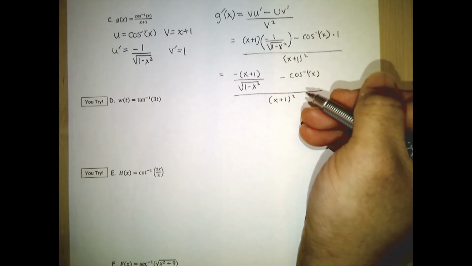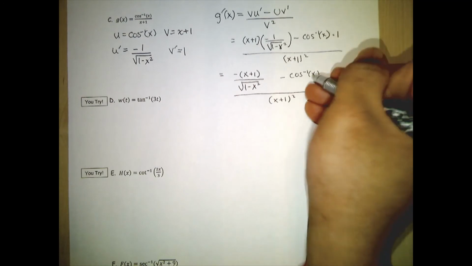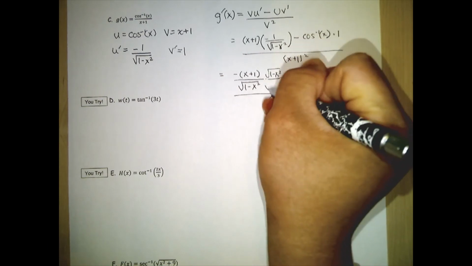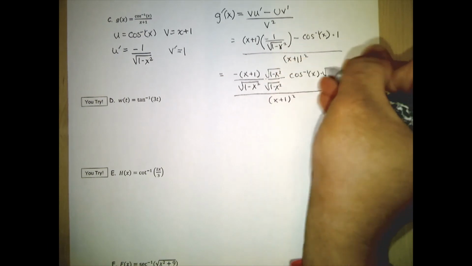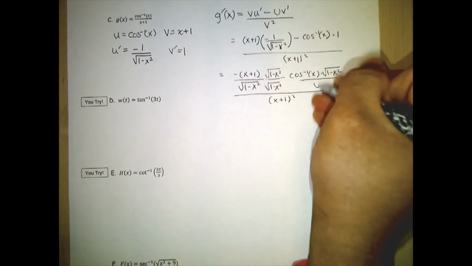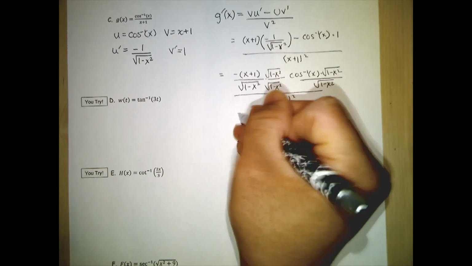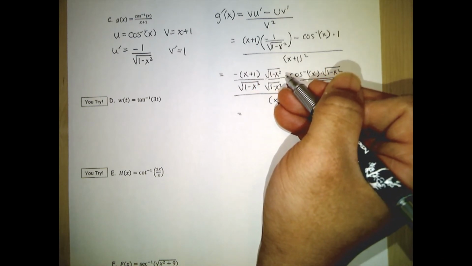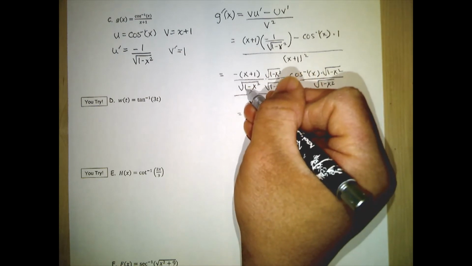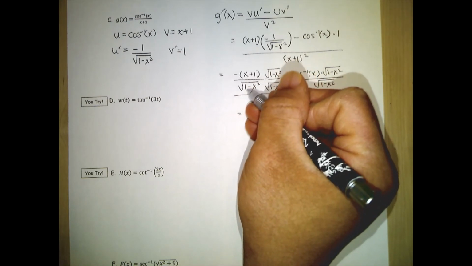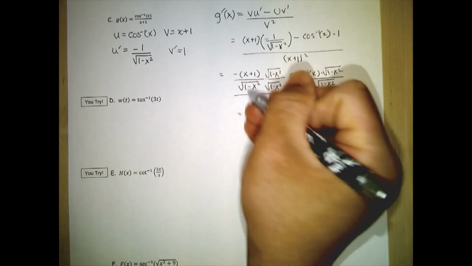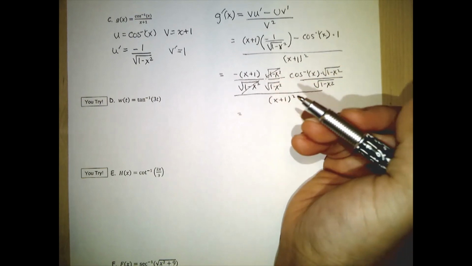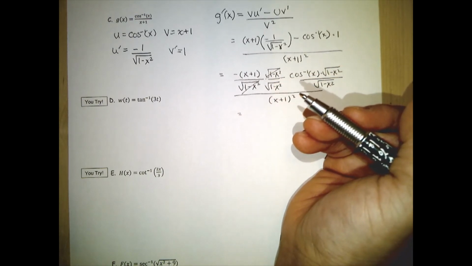So let's find a common denominator here in the numerator. So we'll multiply by the square root of 1 minus x squared over square root of 1 minus x squared. So now, let's see, what do we have? Well, in the first term here, the square root of 1 minus x squared divides out.